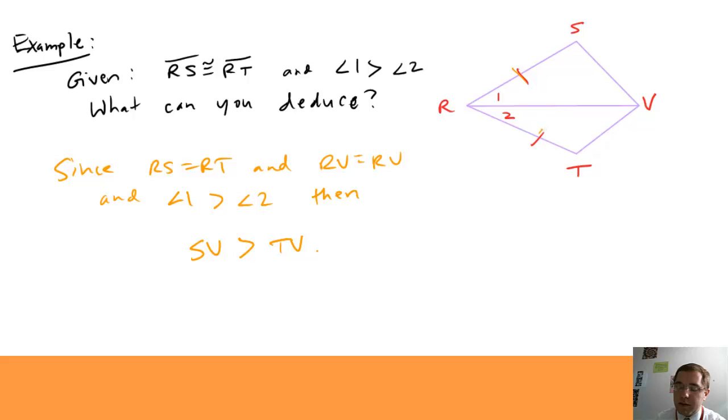Since RS equaled RT and RV equaled itself, I have side-angle-side inequality with angle 1 greater than angle 2. That means the third side of the first triangle, SV, must be longer than the third side of the second triangle, TV.